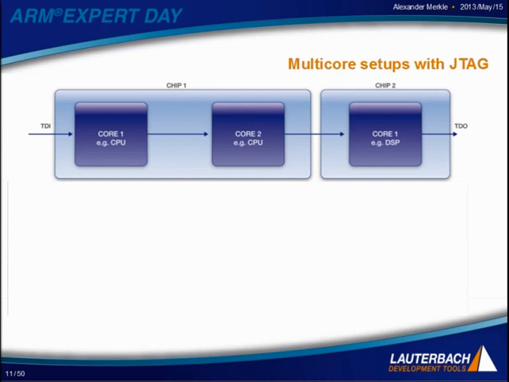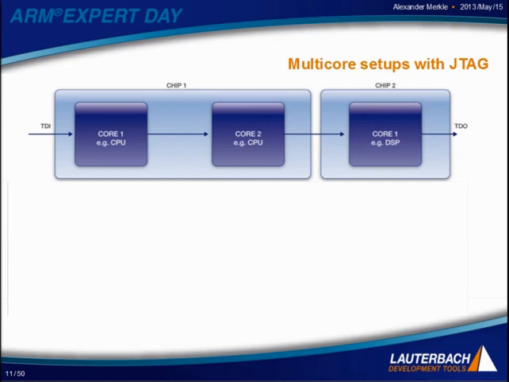And within a chip, I can have one or multiple cores. On the left-hand side, I added 2 cores, 2 CPUs, so I've got a multi-core chip. And on the right-hand side, I've got, for example, a special processor like a DSP. This DSP is not compatible with this CPU.